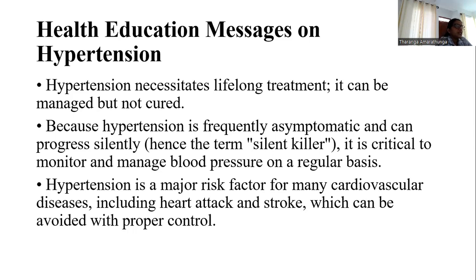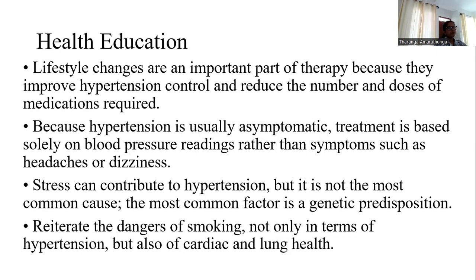Because hypertension is usually asymptomatic, treatment is based solely on blood pressure readings rather than symptoms such as headache, dizziness. Smoking harms not only in terms of hypertension, but also cardiac and lung health. Then stress can contribute to hypertension, but it is not the most common cause.